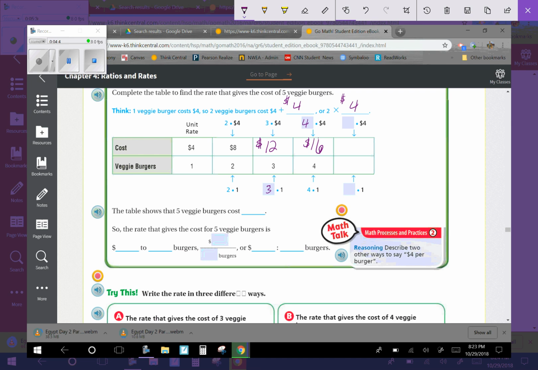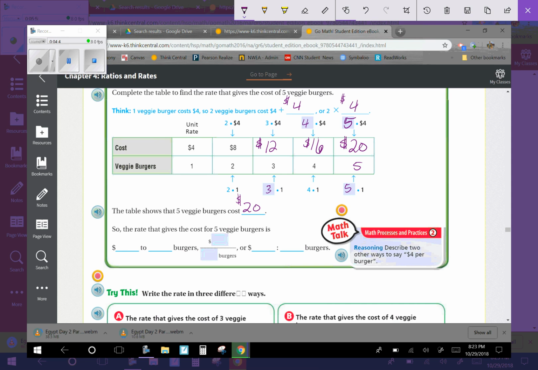And then we have to take 5 times 4, which is 20, and 5 times 1, which is 5. So for 2 veggie burgers, it'd be $8. For 4 veggie burgers, it's $16. So the table shows that 5 veggie burgers cost $20.